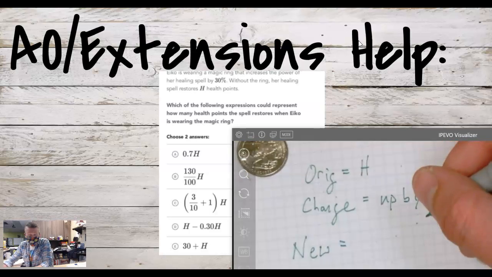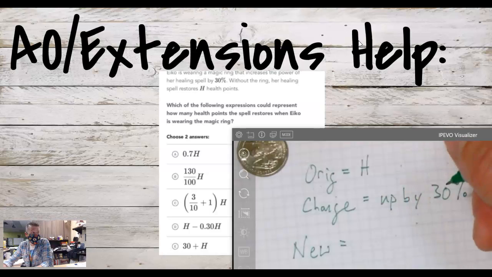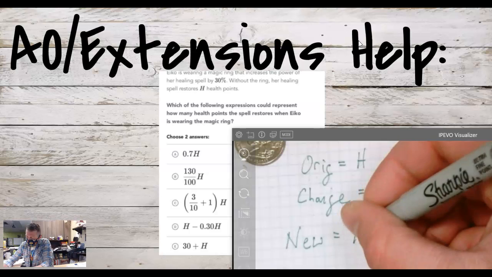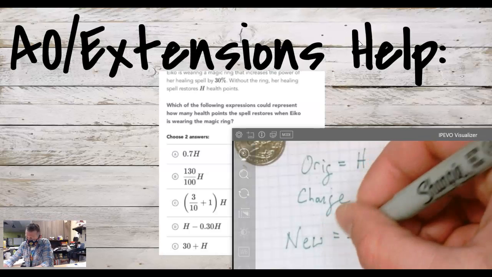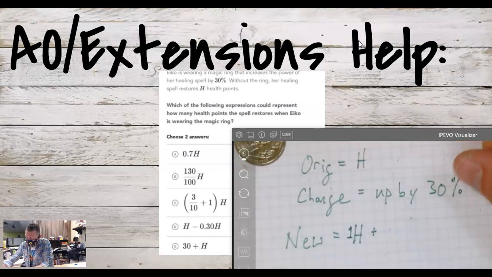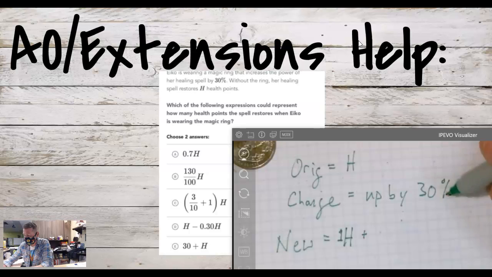So our new amount with the magic ring will be the original healing, H, or we could put 1H, plus an extra 30%. Remember, we said 30%. We cannot use the percent value. We have to change it to either decimal or, remember, any percent value is that number over 100.